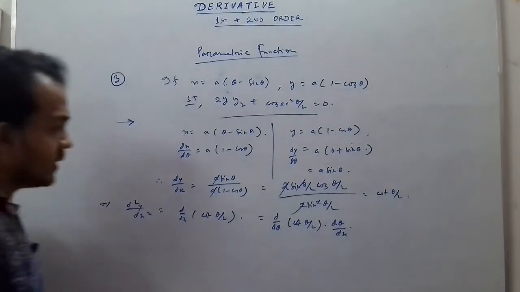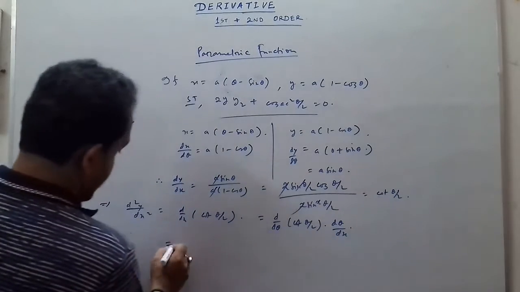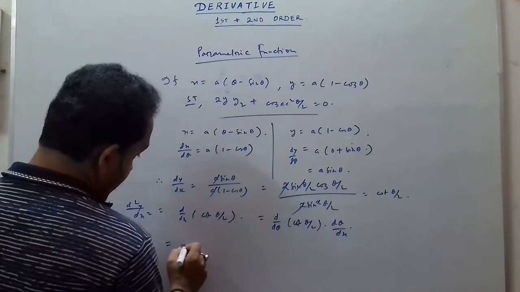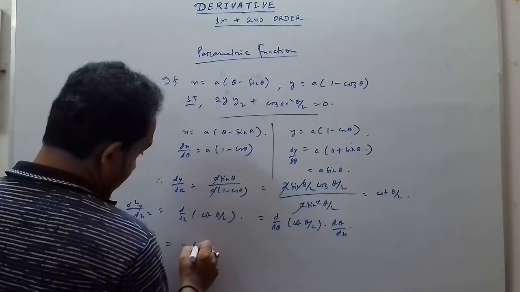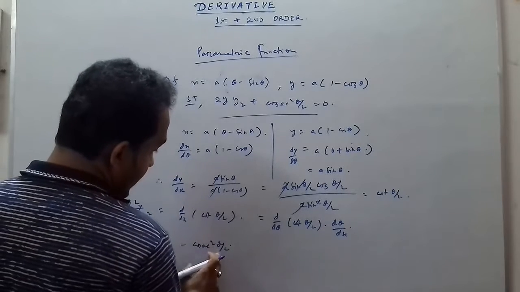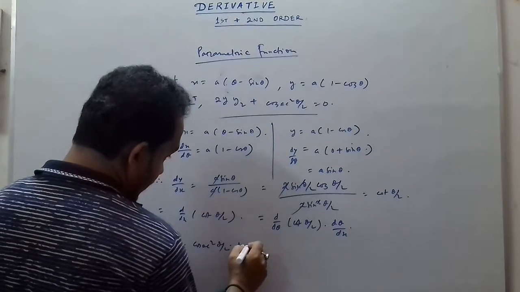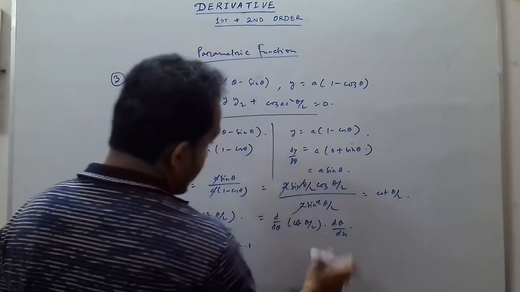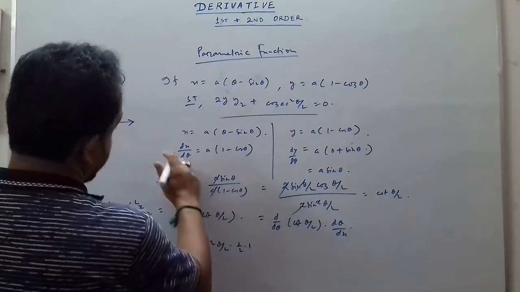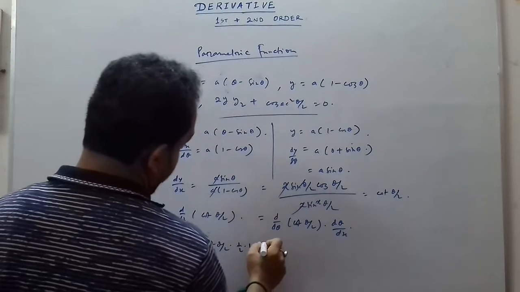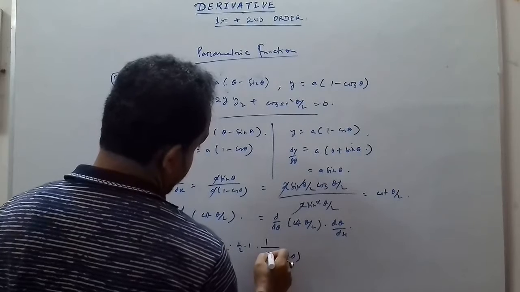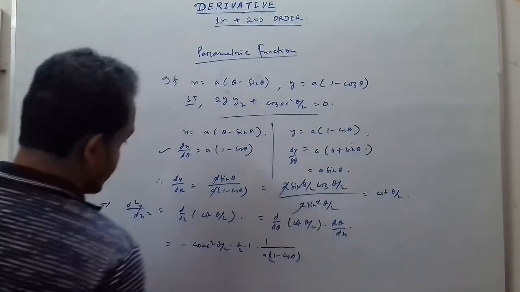Now the derivative of cot theta by 2 is minus cosec square theta by 2, and the derivative of theta by 2 is half into 1. And d theta by dx is the reciprocal of dx d theta. So what is the reciprocal? 1 over a into 1 minus cos theta.